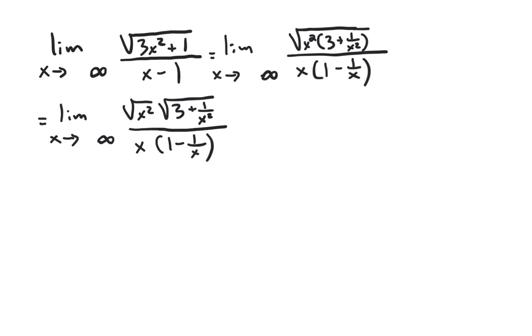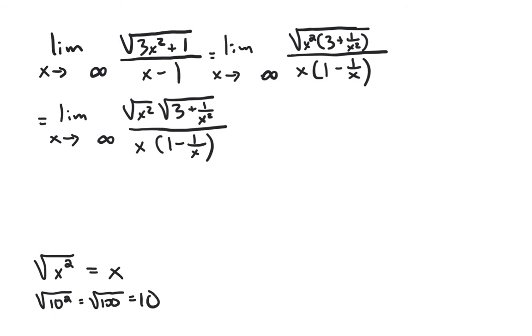And here's the important bit. Remember that the square root of x squared, well, what does that equal? A lot of people think that equals x. And that's not always true. It's true for positive values. If I plug in 10, say, I get the square root of 10 squared, which is the square root of 100, which is 10.